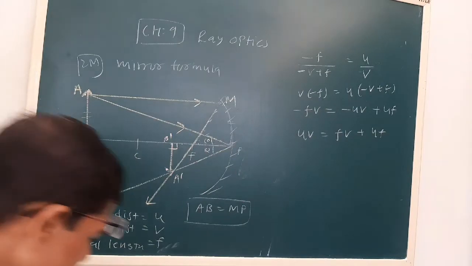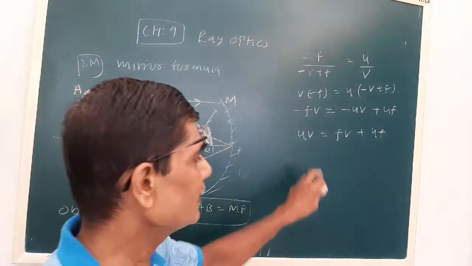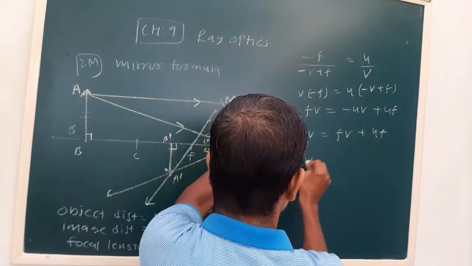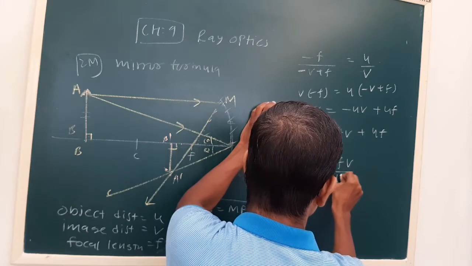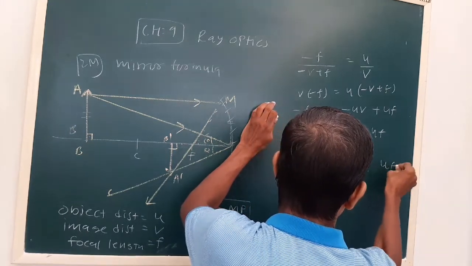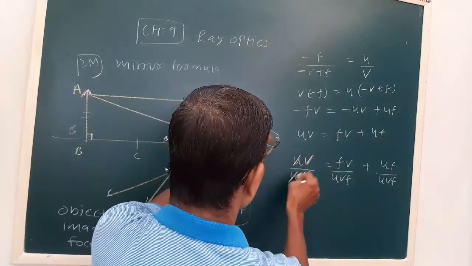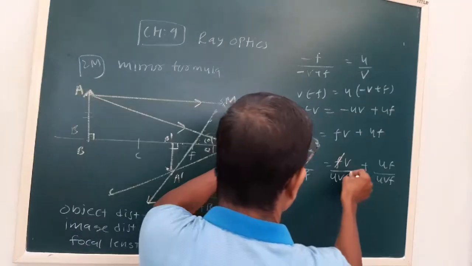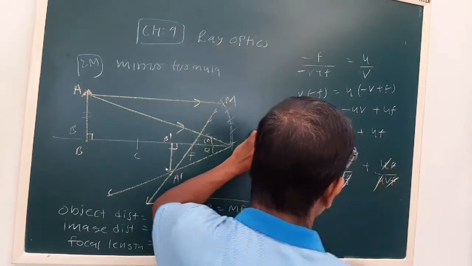Now I divide all the terms by UVF. UV upon UVF, FV upon UVF plus UF upon UVF. Here U and V will get cancelled, here F and V will get cancelled, U and F get cancelled.